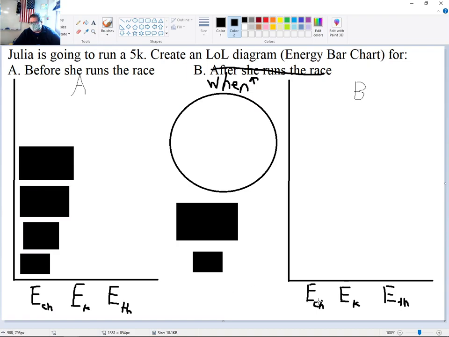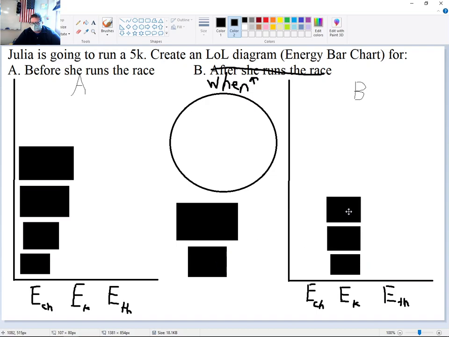Okay, let's look at the next part. When she's running the race, maybe it's like when she's near the finish line. Well, I'm going to put maybe 1 block, 2 blocks, maybe 3 blocks. Again, I know these are getting bigger.